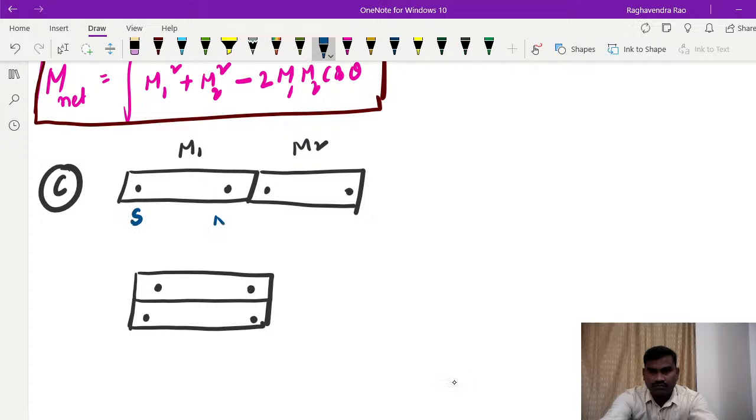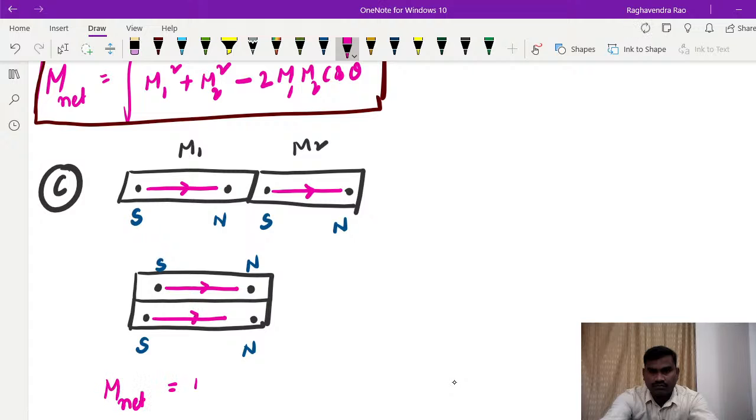South pole, north pole, south pole, north pole. Now, what is the magnetic moment? M1 is directed like this, M2 is also directed like this. Again, this is south pole, north pole, this is south pole, north pole. M1 is directed like this, M2 is also directed like this. Now, the net magnetic moment in these two cases will be M1 plus M2.